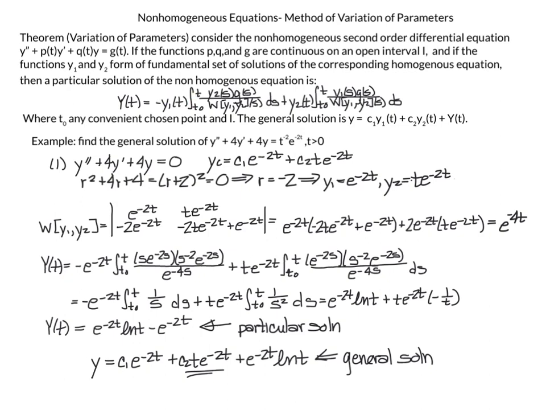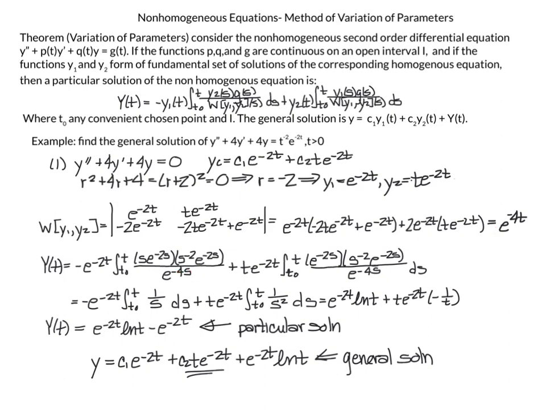I have minus y1 of t, which is e to the minus 2t, times the integral of y2 times g. So y2 will be, again with respect to s, because that's our variable of integration, s e to the minus 2s. So here I have s e to the minus 2s, and then my g, s to the minus 2 e to the minus 2s, all over my Wronskian, which is e to the minus 4s.